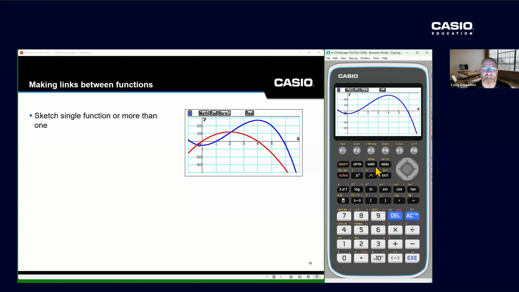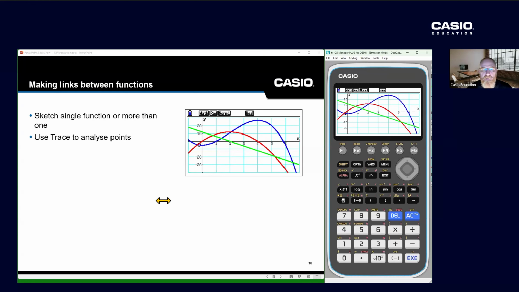So I'm interested in the relationship between the position and the velocity. I could then select that and draw it. Or if I wanted all three functions, let's select my second derivative so that I can make some conclusions about the relationship between all three functions at the same time.